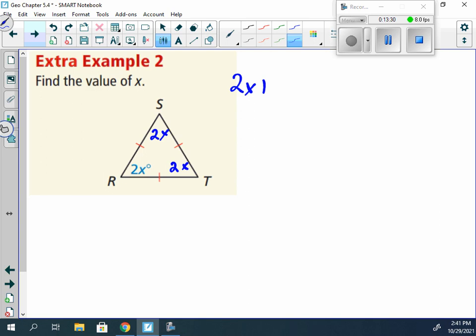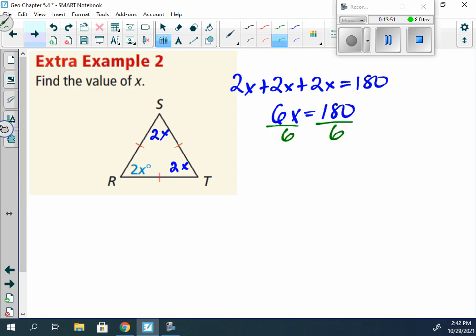And we can say 2x plus 2x plus 2x is equal to 180, because we can add all three angles together and they will equal 180. Well, 2x plus 2x plus 2x is 6x, equal to 180. Divide both sides by 6 and we get x is equal to 30.